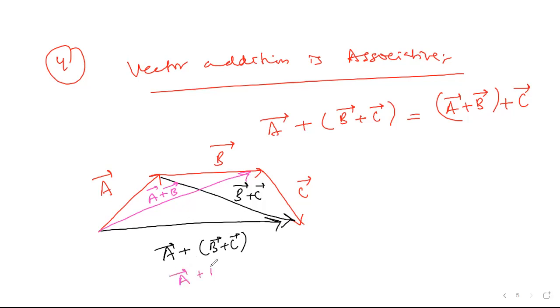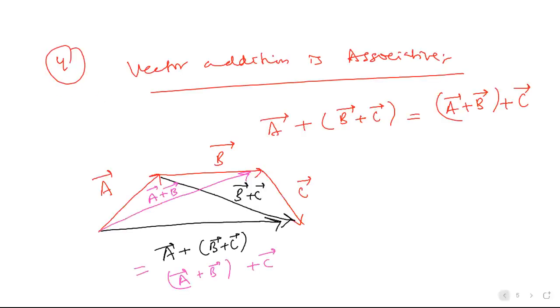This is also A plus B plus C. What is the rule? Vector addition is associative. A plus B plus C is same as A plus B plus C. Right? So vector addition is associative. So let us move.